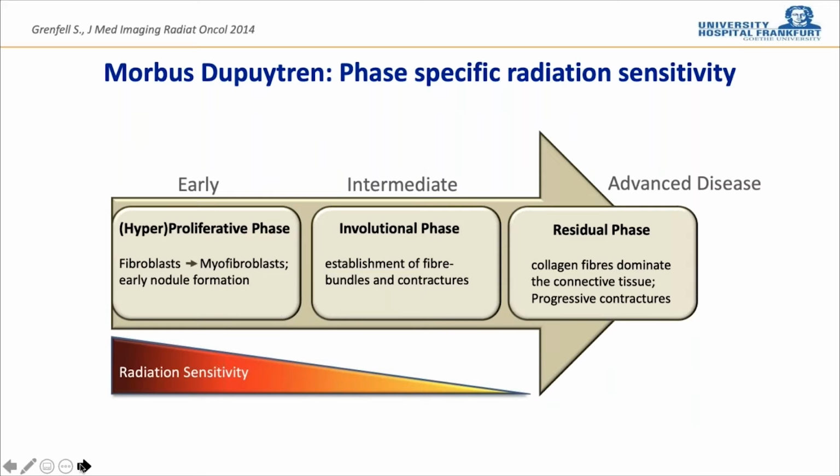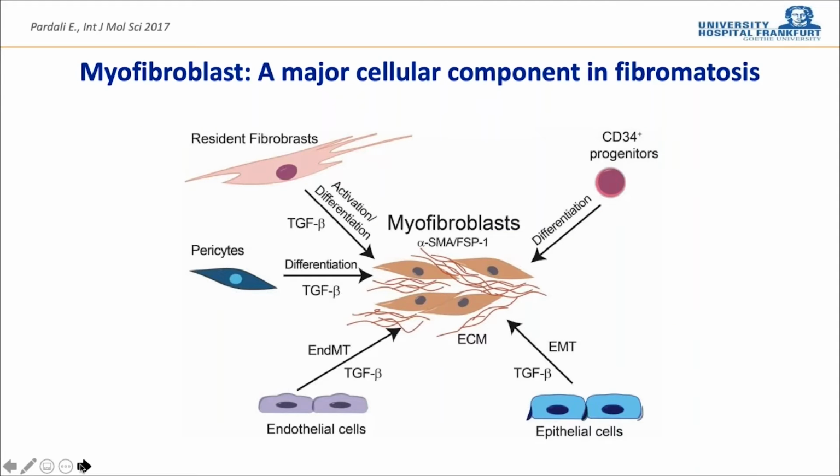Consequently, the rationale for the use of ionizing radiation to affect these hyperproliferative disorders may be related to the presence of radiation-sensitive target cells like mitotic fibroblasts, myofibroblasts, and molecular mechanisms at the early stage of disease.